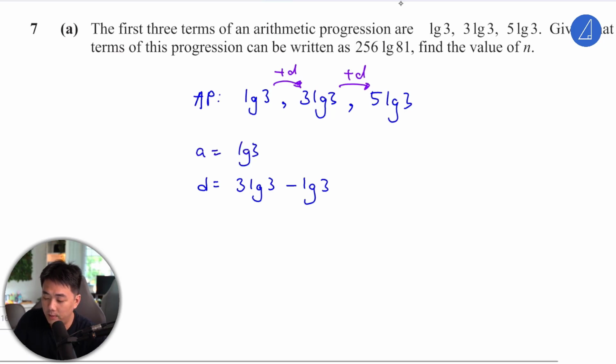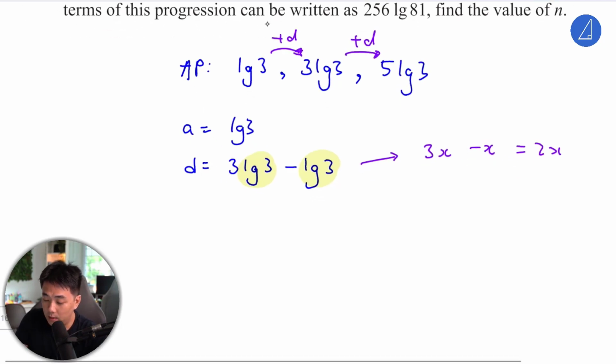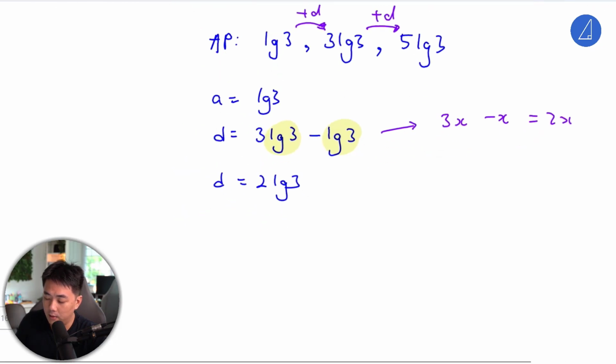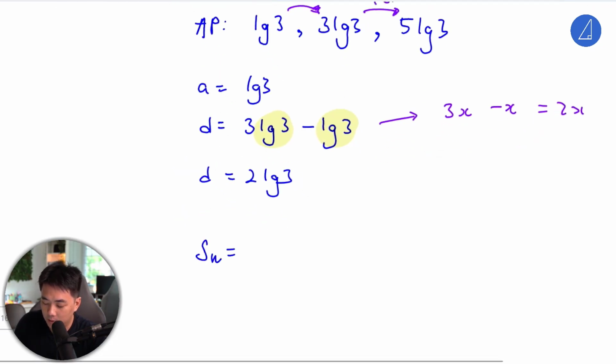So for 3 log 3 minus log 3, don't worry, this is the same as 3x minus x, which is 2x. You see log 3 as an entity, so this will be 2 log 3. Okay, we have the d and the a here. So we know that Sn is equals to n over 2, 2a plus n minus 1 d.